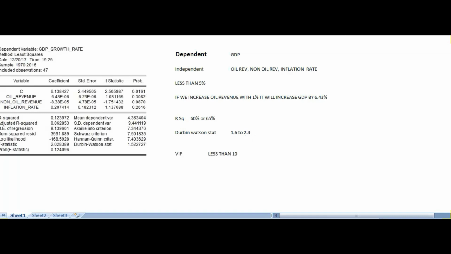Yes, another very important test which we perform during our analysis is the VIF test. Okay, what does the VIF test actually tell us? It tells us whether there is multicollinearity in our data or not. Multicollinearity explains whether your independent variables are impacting each other or not, whether there is a relationship between your independent variables or not.